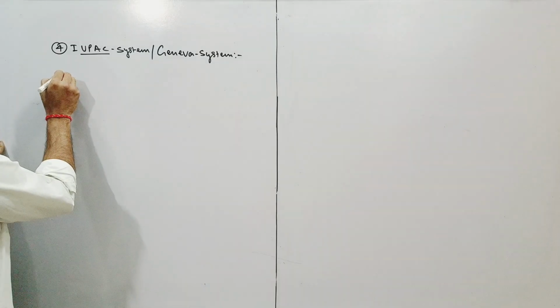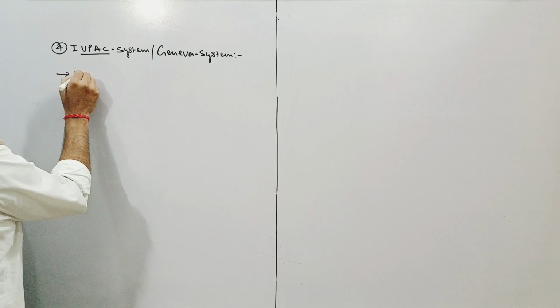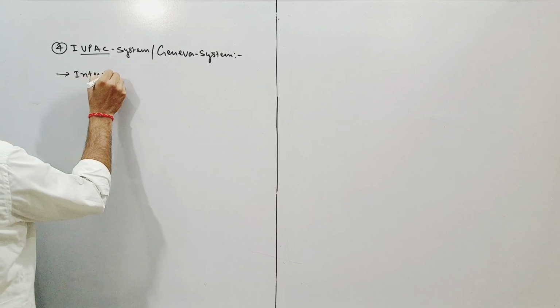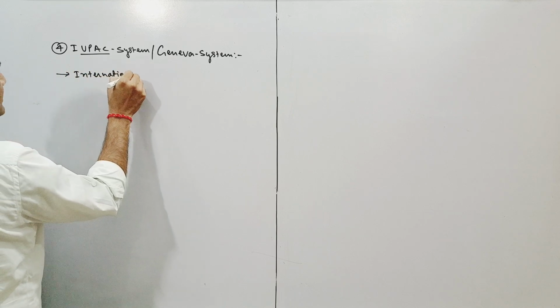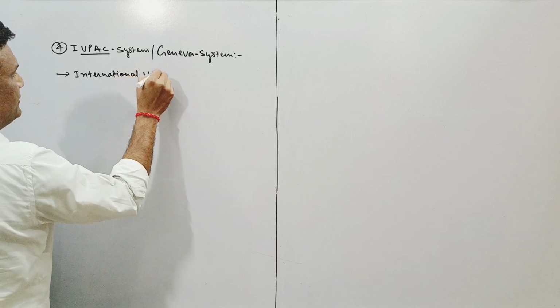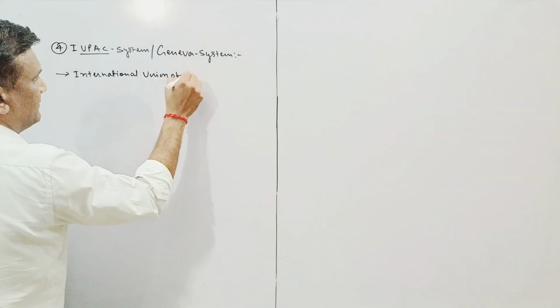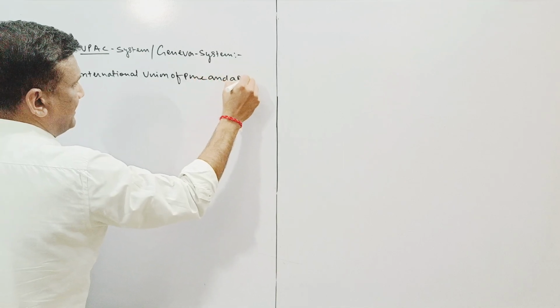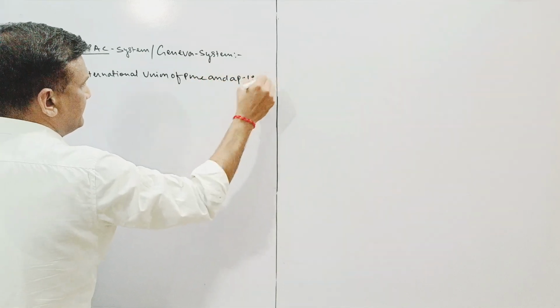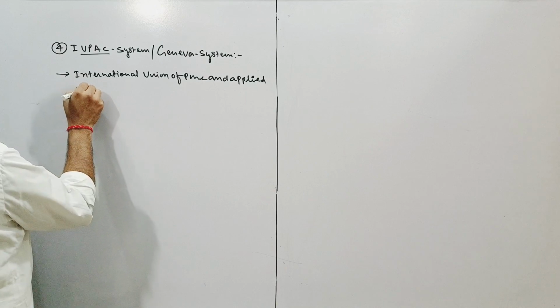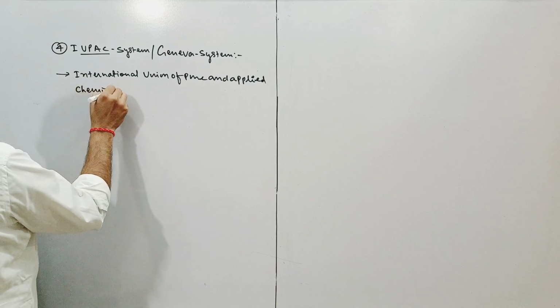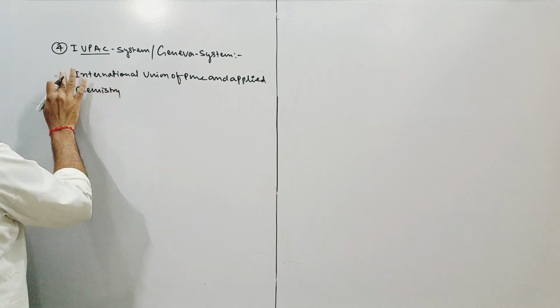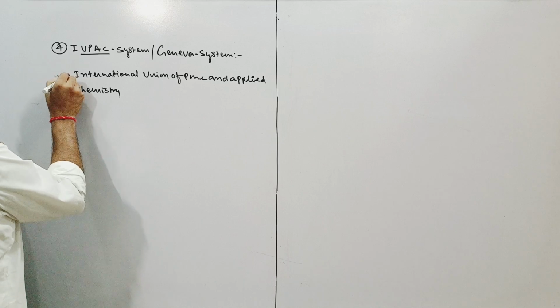Full form of the IUPAC is International Union of Pure and Applied Chemistry. Pure and Applied Chemistry is the full form of IUPAC or Geneva system.